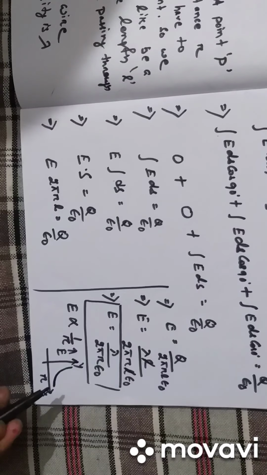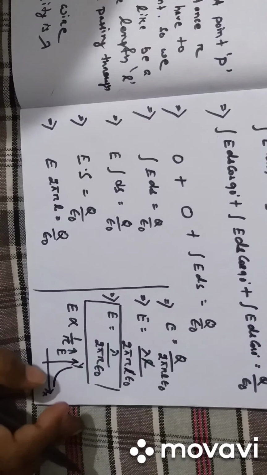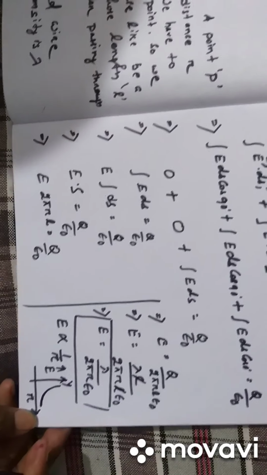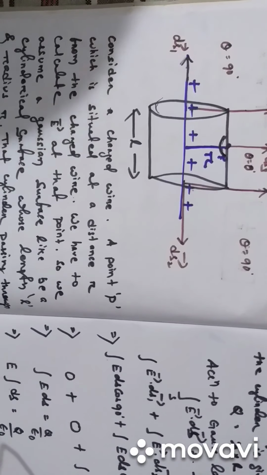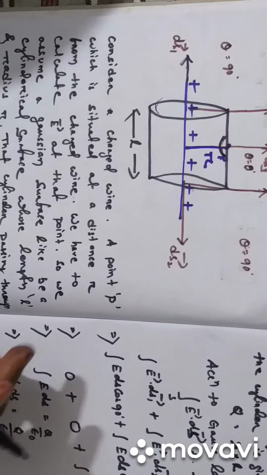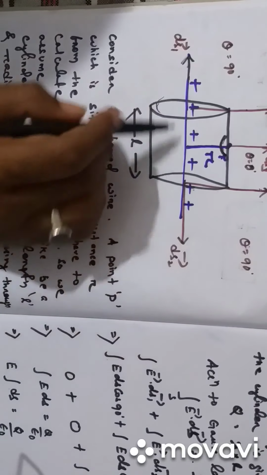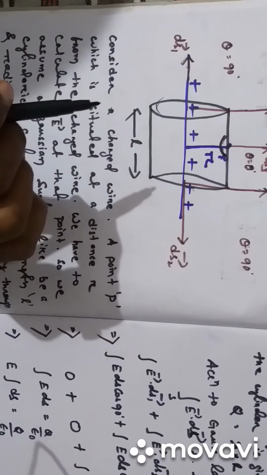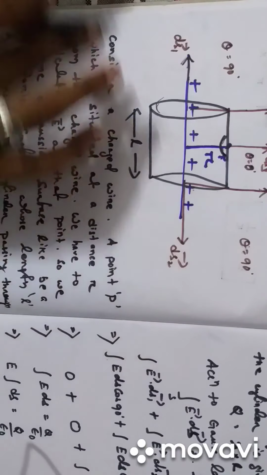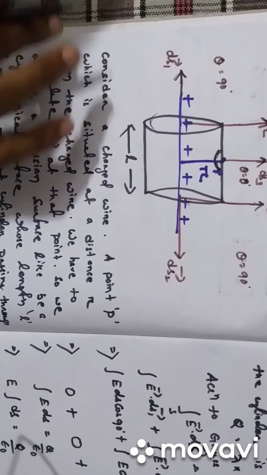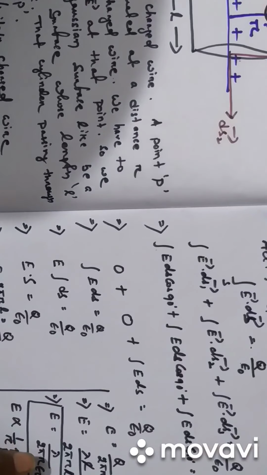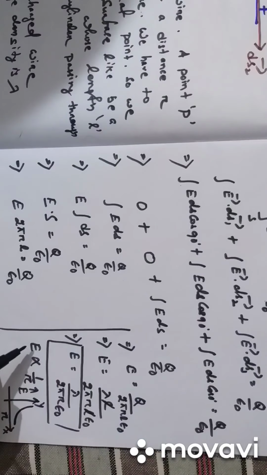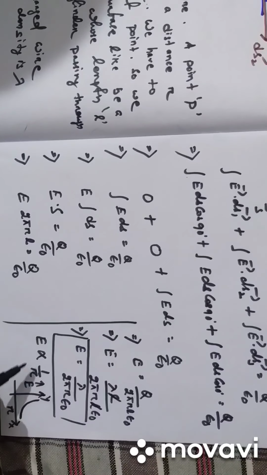That means the graph represents that if the distance of point P from the infinitely charged wire increases, then the electric field intensity gradually decreases. That's why electric field intensity is inversely proportional to r.